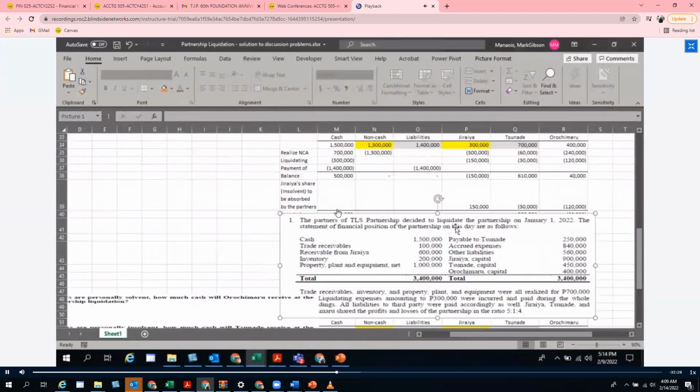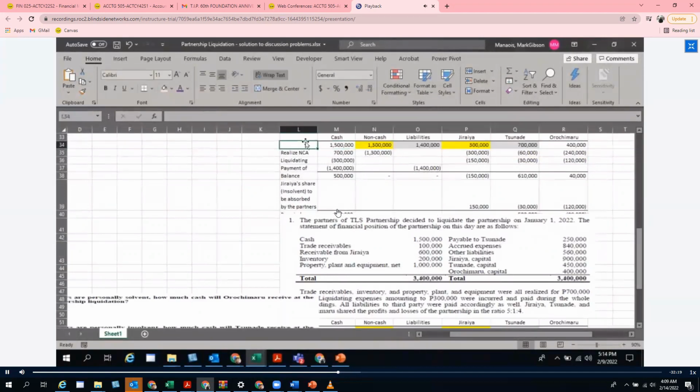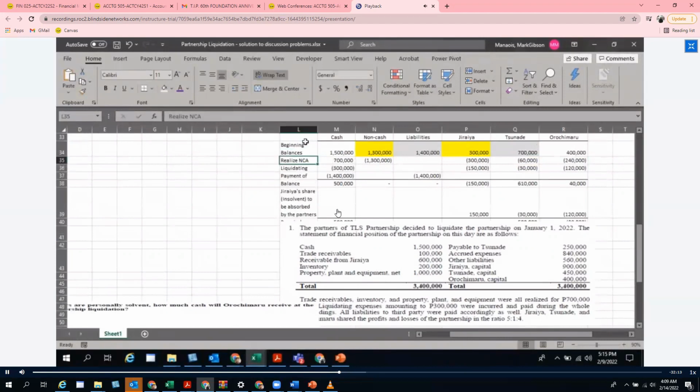Hirap eh. O, sige. So I guess at this stage we have fully understood how we've come up with these beginning balances. So I'll skip that, unless may question kayo dyan. Okay. So on the realization of non-cash assets naman, still we're using the same details.